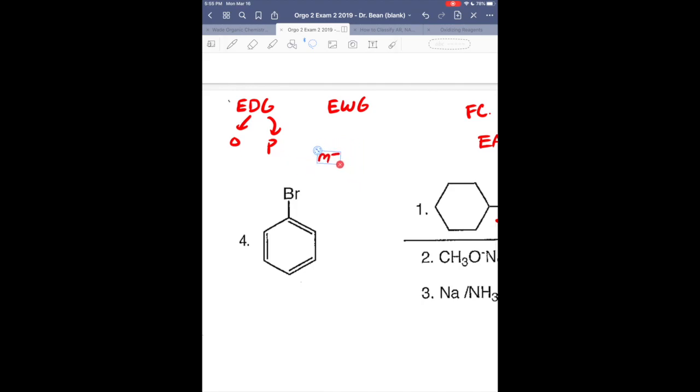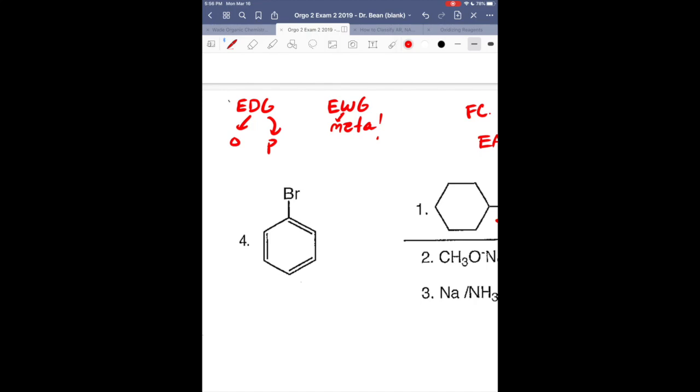And we flip it upside down. What letter do we get? We get an M, and that's going to stand for what? Meta. Okay, so electron withdrawing groups direct to the meta position. Electron donating groups direct to the ortho-para position.